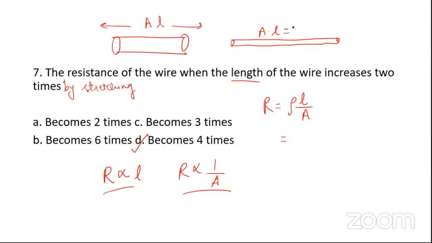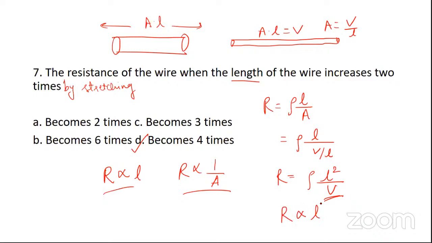So area into length is equal to volume. So area can be written as volume upon length. So this will become rho L upon V by L. This can be written as rho L square by V. And now we can say that if the volume of the wire is constant, then resistance is proportional to square of the length.